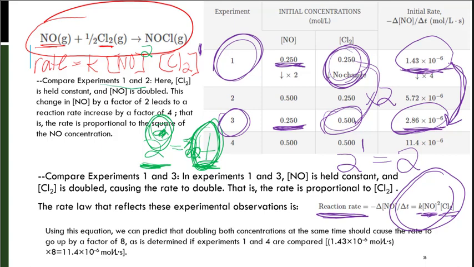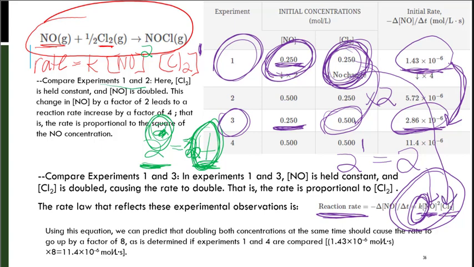And then I can even go one step further and solve for k, the reaction rate constant, simply by taking any one of these trials, and I like to just use trial 1 because it's the first one listed. I'm going to plug in the concentration for NO, put the concentration of chlorine into chlorine, and take that reaction rate and put it in for the reaction rate.